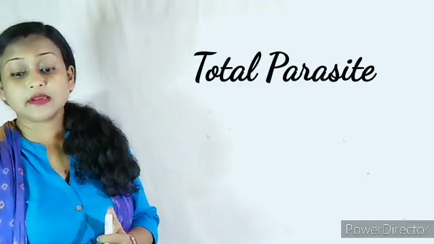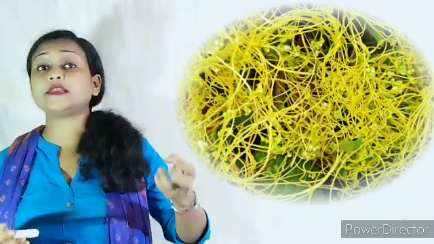First we will be discussing total parasites. Some plants are called total parasites because they cannot make their own food, but they depend on other plants for their food. Total parasites totally depend on other plants for food and water, and they grow on some other plant and use the food and water of that host plant.